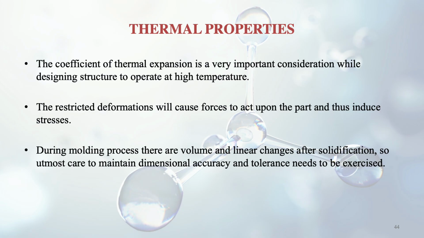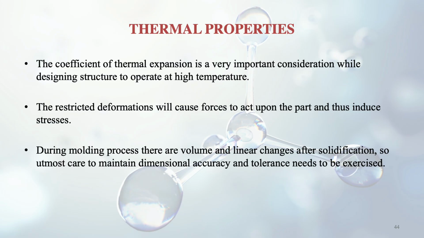During the molding process, there are volume and linear changes after solidification, like in casting, which we have discussed earlier. So volume and linear changes are there when solidification is taking place. What do we need then? We need to take care to maintain dimensional accuracy, and tolerance needs to be exercised.